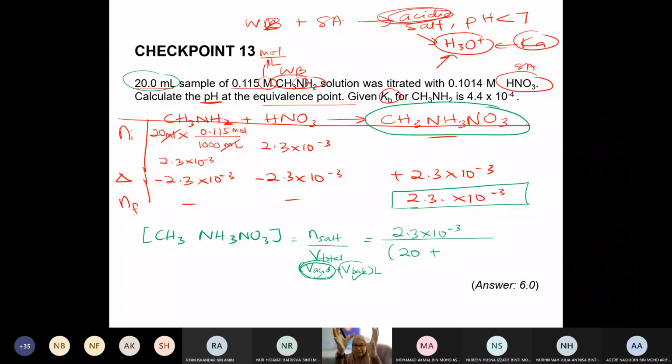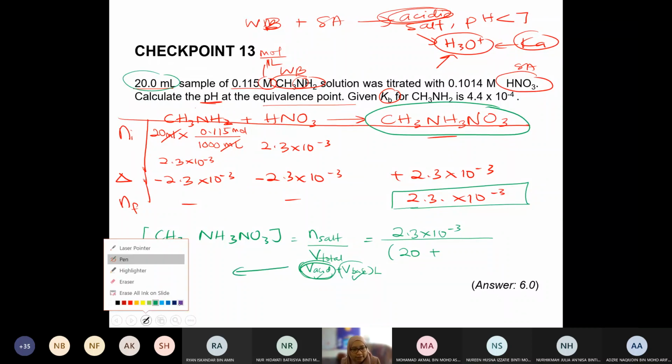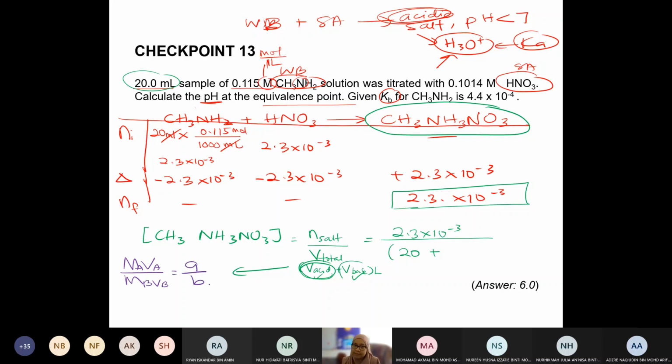Alamak, sangkut acid tak ada, kena keluar kejap. Okay, keluar kejap, kita boleh pakai the MAVA over MBVB is equal to A over B.